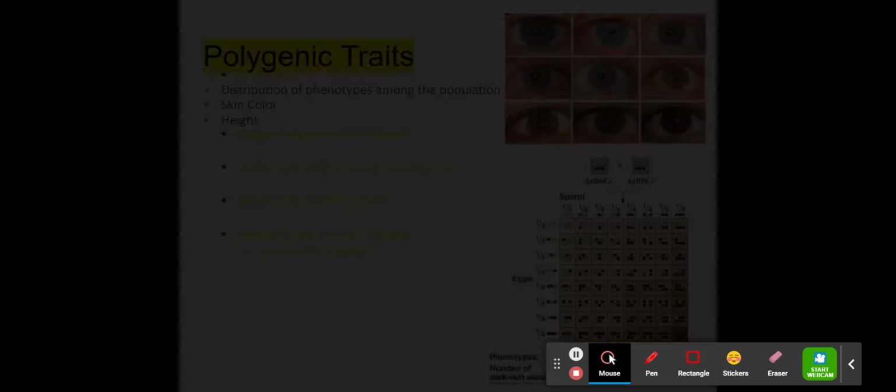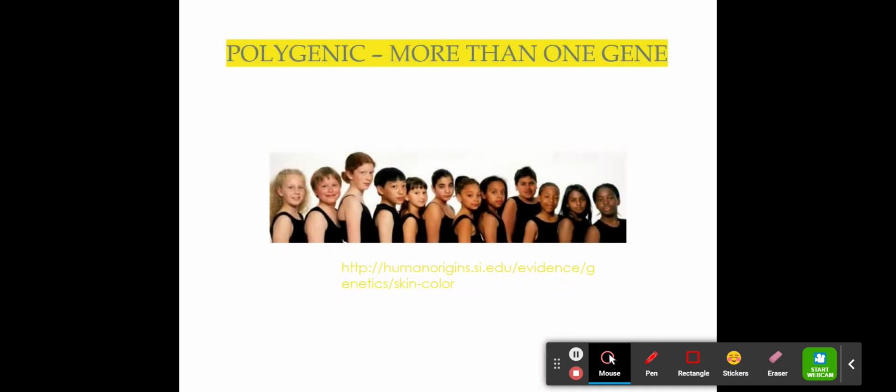All right, polygenic traits. Polygenic traits are really cool because they give the phenotype a spectrum. An example of this would be human skin color. Human skin color is actually composed of, I believe, 6 different traits. And in those 6 different traits, the more dominant alleles a person has, the darker their skin color.